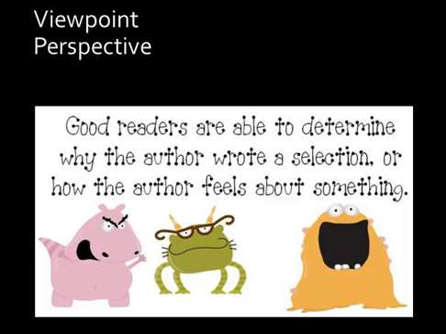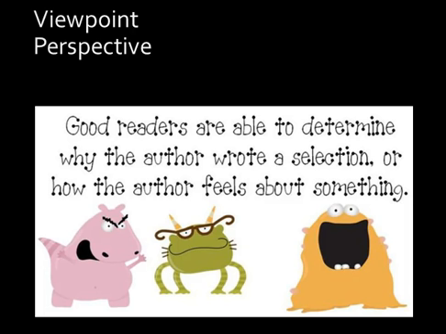So we're going to be discussing an author's viewpoint. Another word for viewpoint could be perspective or opinion. Good readers are able to determine why an author writes something or how an author feels about something.